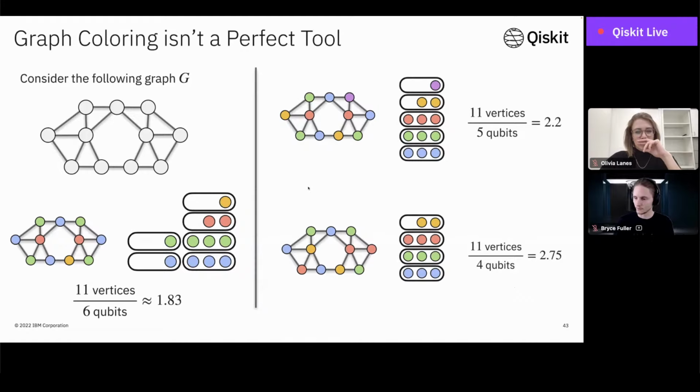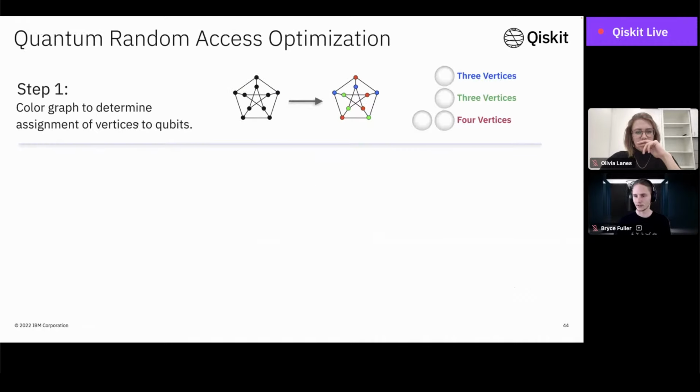Okay, so I think we're nearly in a position to state the full progression of this algorithm. I know there's a lot of background building up to it. Given some input graph, the first thing we're going to do is try and color it, taking into account the things we just mentioned, that you might need to do some pre-processing after your coloring and try and get a little more savings in your space.